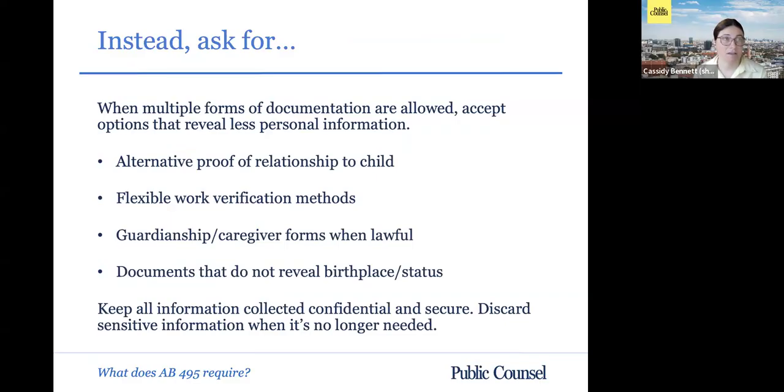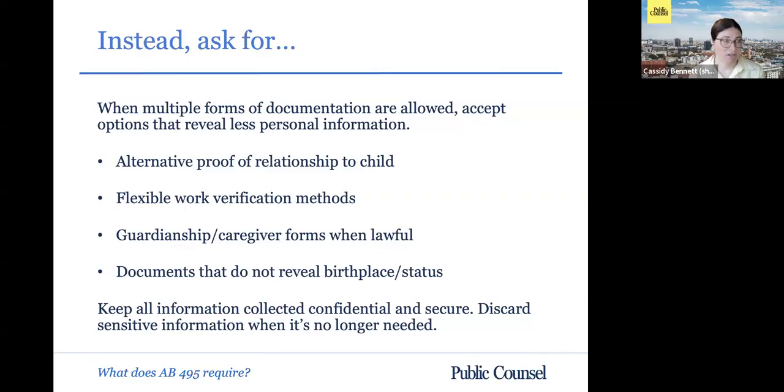So that could be a form of alternative proof of relationship to the child, for example, a court order, guardianship documentation, or a caregiver authorization affidavit. You can ask for flexible work verification methods, such as pay stubs, or if they're self-employed, it could be tax returns or business ledgers.